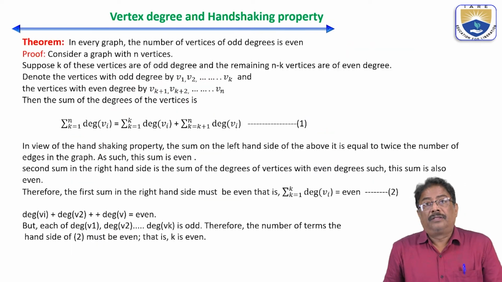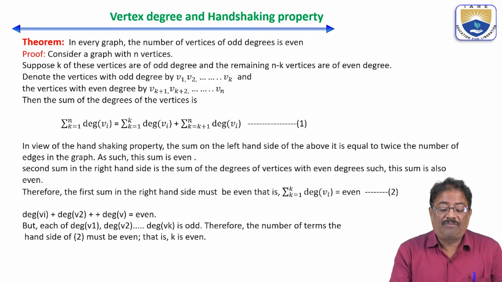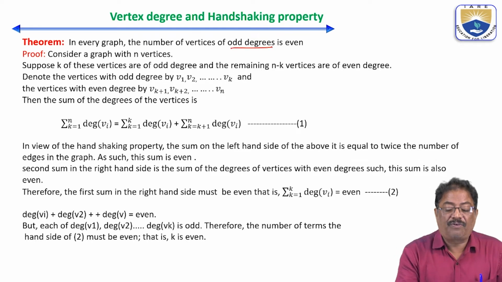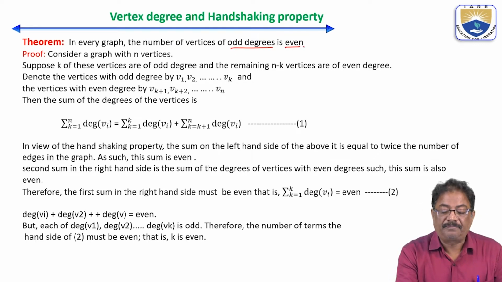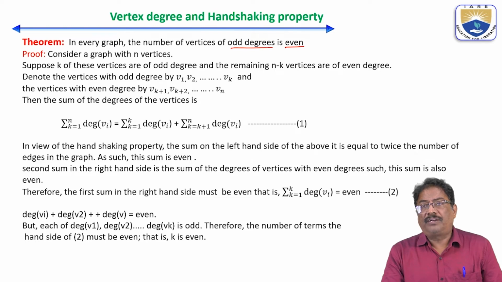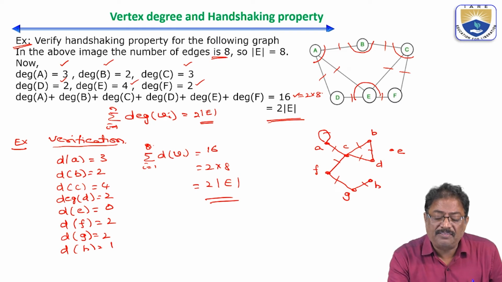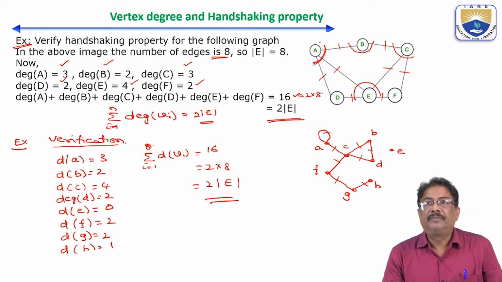Then another one is the theorem: in every graph, the number of vertices of odd degree is even. Suppose you consider what the odd degrees are here.